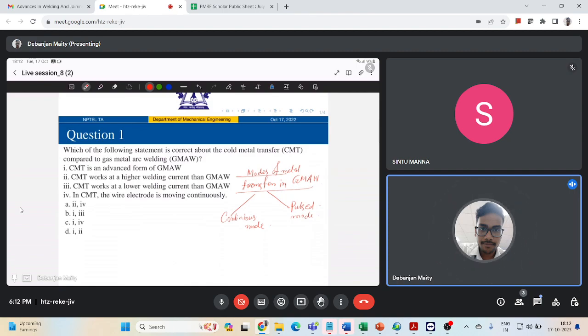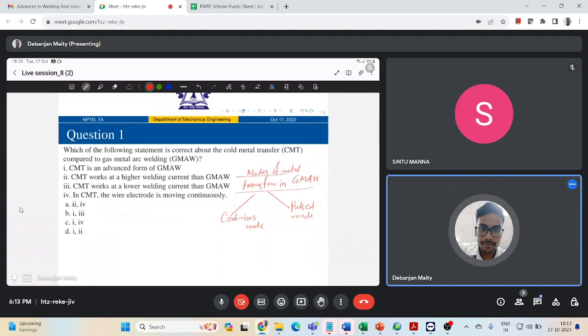Now, there are lots of secondary factors affecting the transfer of molten metal. You have the shielding gas, the composition of the electrodes, and the diameter of the electrode. All those factors will affect the transfer of molten metal from the consumable electrode to the weld pool. Also you have the current, voltage, and maintaining the arc gap.